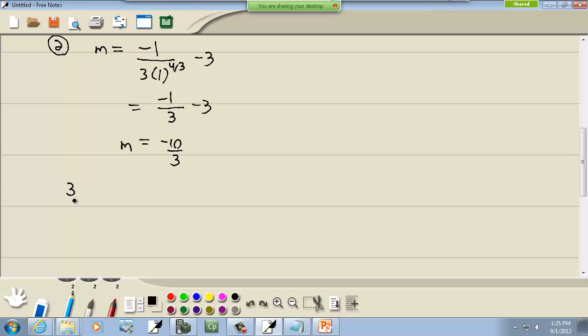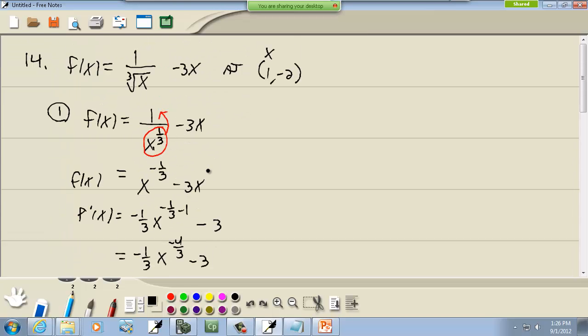Okay, step 3. Plug in the given point for x and y and plug in the m we just found. Well, the m we just found was -10/3, so I'll go ahead and put that in. Let's go see what our x and y are. Okay, x is 1 and y is -2.